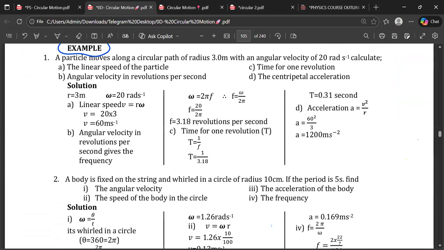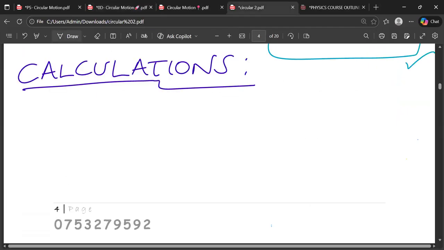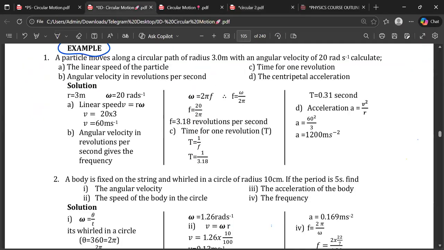They are telling you that a particle moves along a circular path of radius 3 meters. So I'll say radius 3 meters. What else? With an angular velocity of 20.